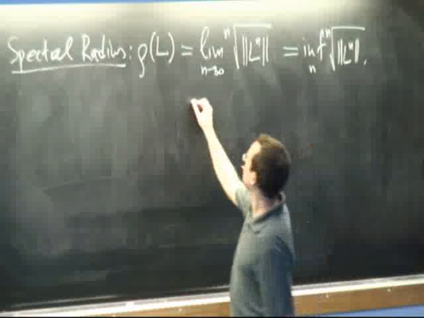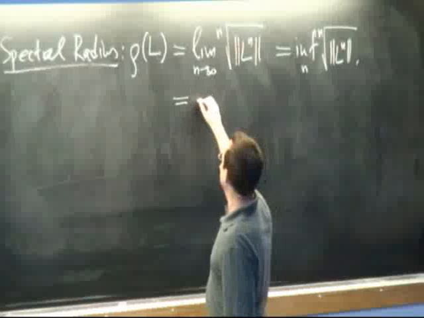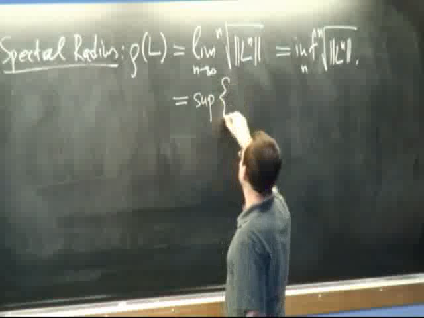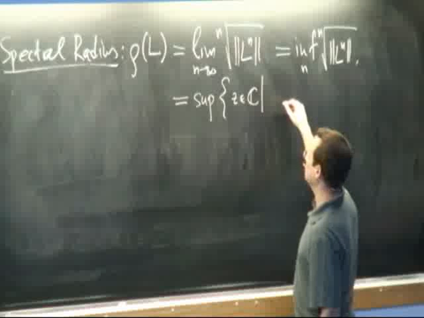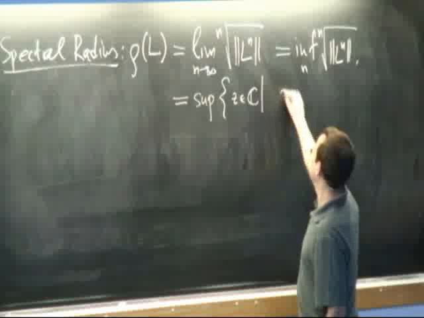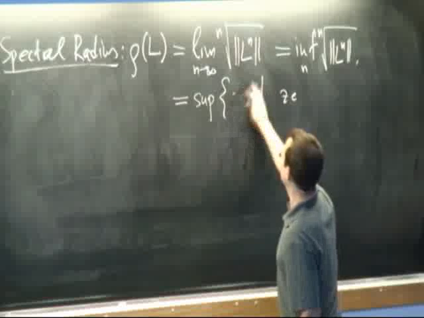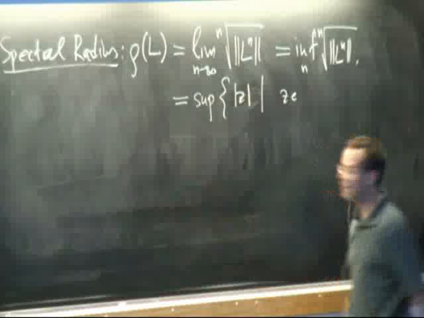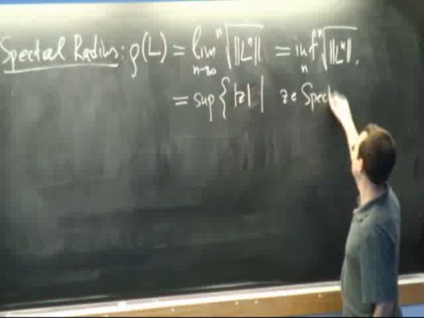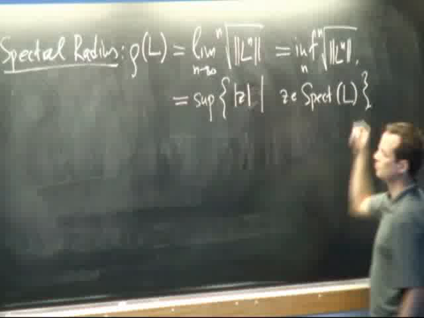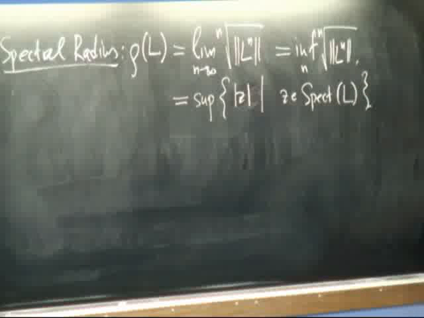So this is the sup, or even the max, of the absolute value of z, where z is in the spectrum. This is the spectral radius.